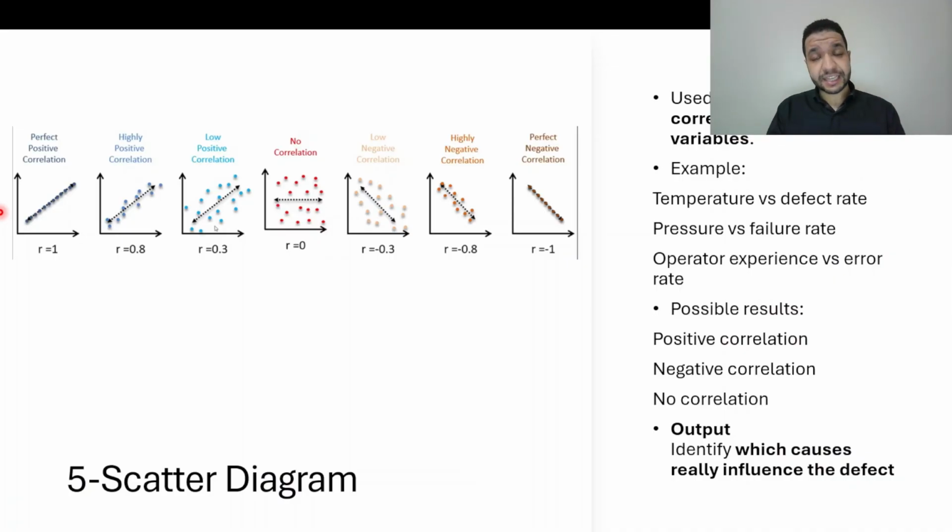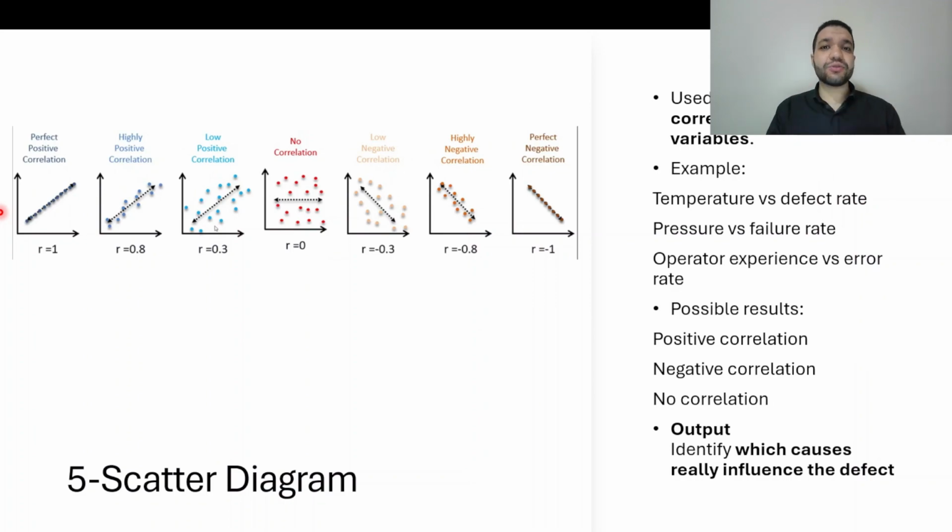It can be negative correlation, the higher humidity, the lower defect rate. It can have no correlation, no clear correlation between them. So the output of the scatter diagram, I know for sure, is there a correlation between the variables or not?